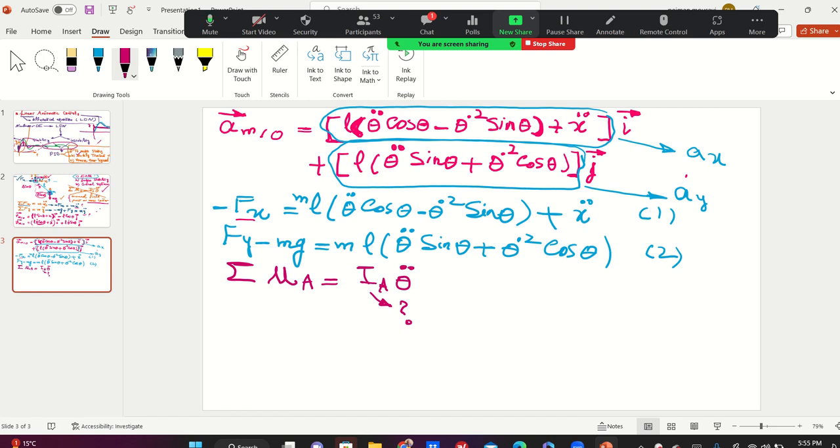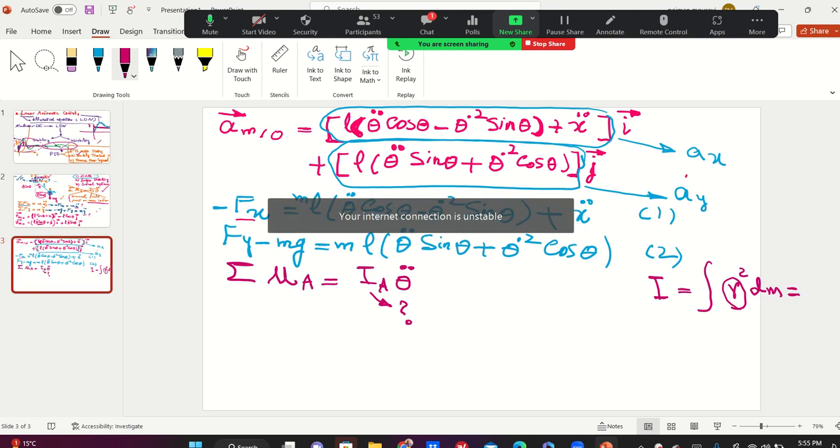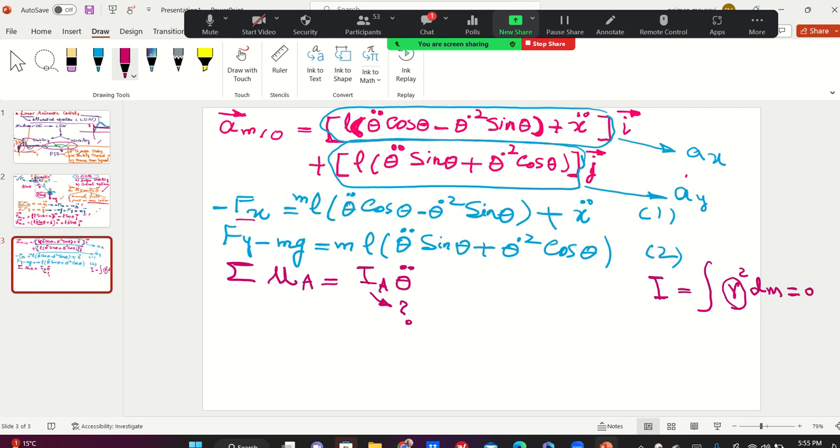So it has no dimension. In ME220, I hope your professor taught you that I, mass moment of inertia, is r square dm. R is dimension. When the particle has no dimension, I is how much? 0.